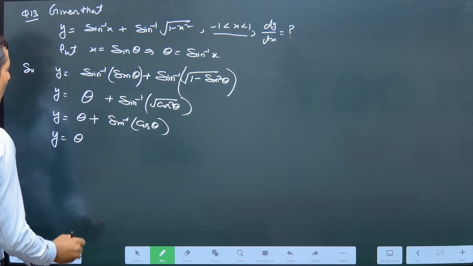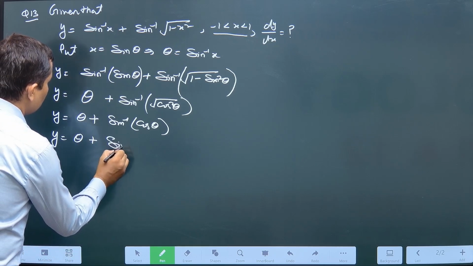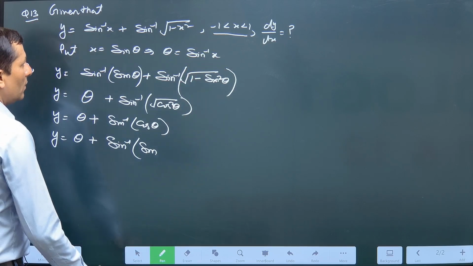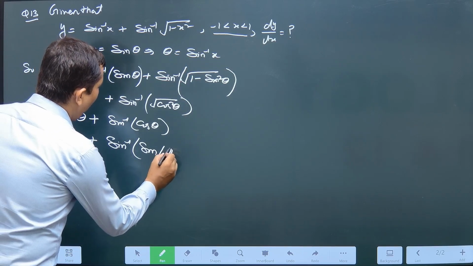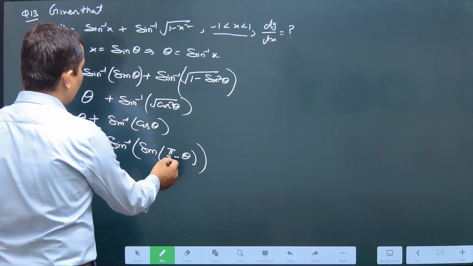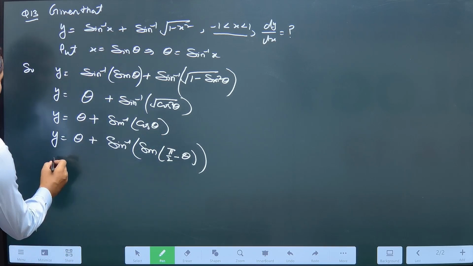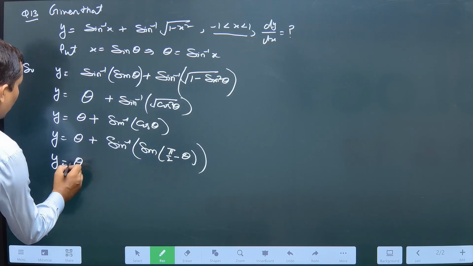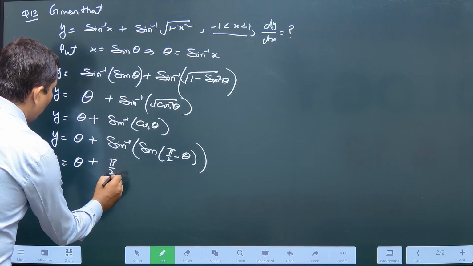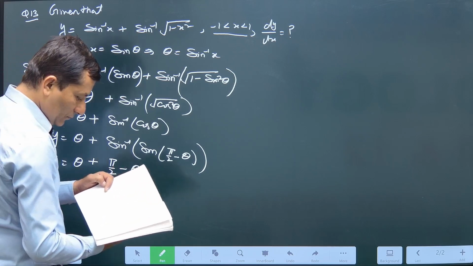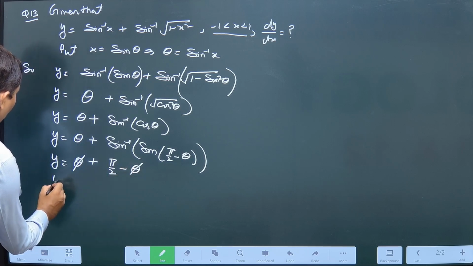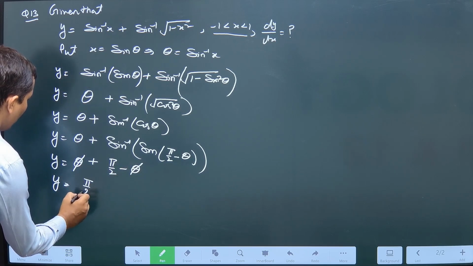Plus theta plus sin inverse, and cos according to this is sin pi by 2 minus theta. Sin pi by 2 minus theta is equal to cos theta. Now what is your y? y is equal to theta plus pi by 2 minus theta. This cancels. Then your y is equal to pi by 2.